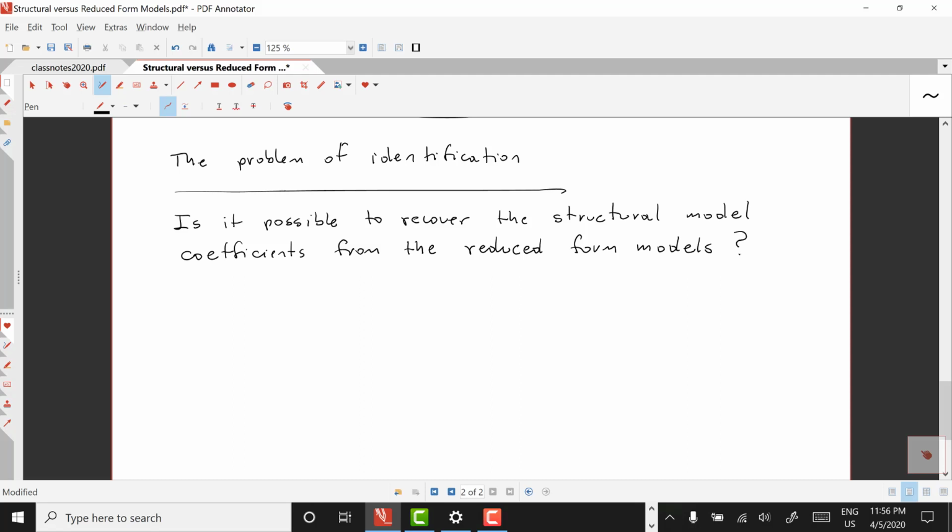In the past, that's a question that used to be asked, because a lot of times you would estimate these reduced form models and then use those to recover the structural model coefficients.